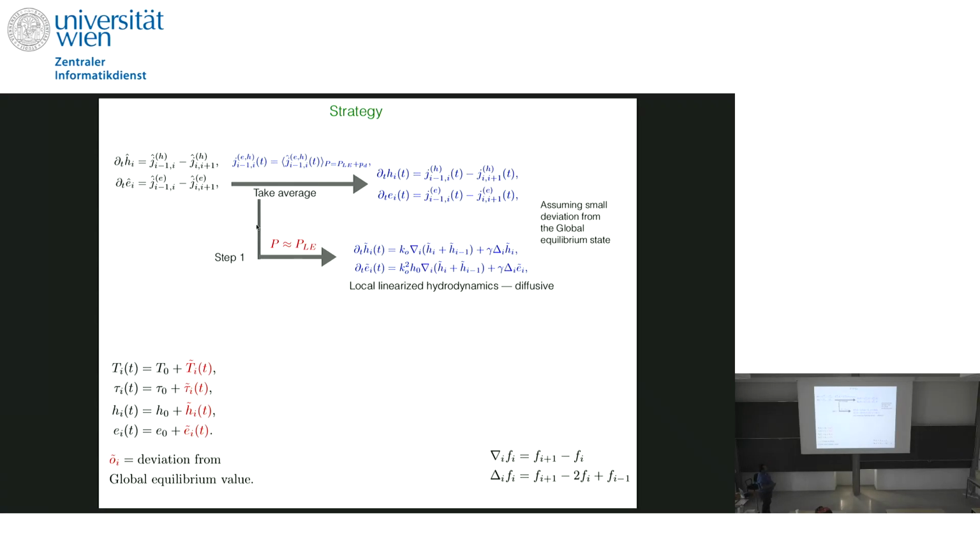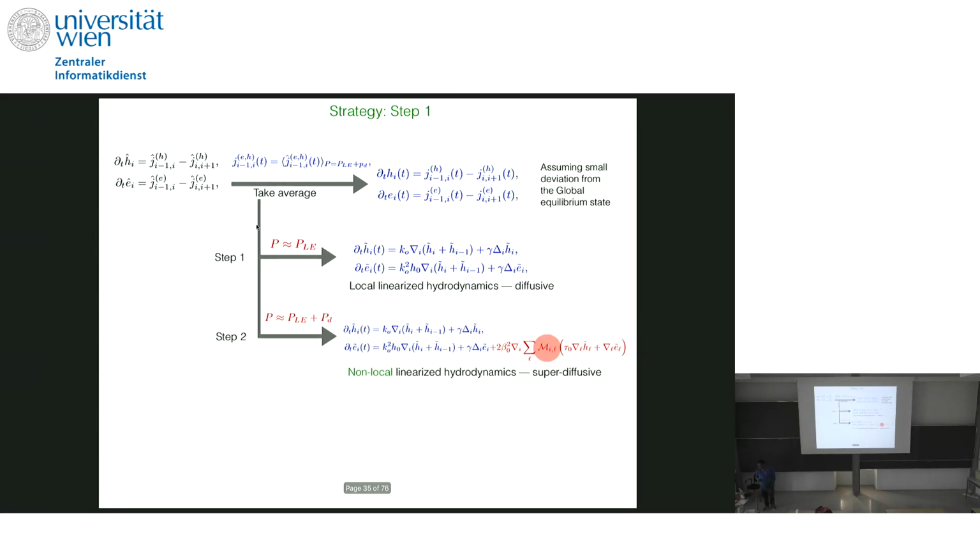In step 1, as I will show, I'll get a linearized hydrodynamics which is diffusive. But as I said, this model also exhibits anomalous transport. It has been proved from microscopic calculation that this model exhibits anomalous transport. So this cannot be the correct linearized hydrodynamics.